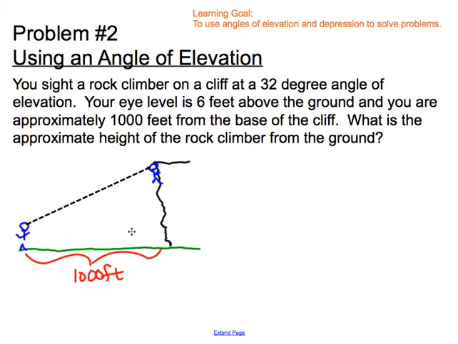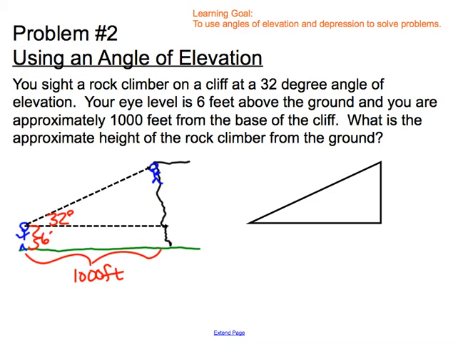Okay, we're told that we see him at a 32-degree angle of elevation. So the angle between the line of sight going towards the rock climber and the horizontal is a 32-degree angle. And again, we're told that we have a 6-foot eye height. And we're trying to figure out how far up this guy is on the cliff.